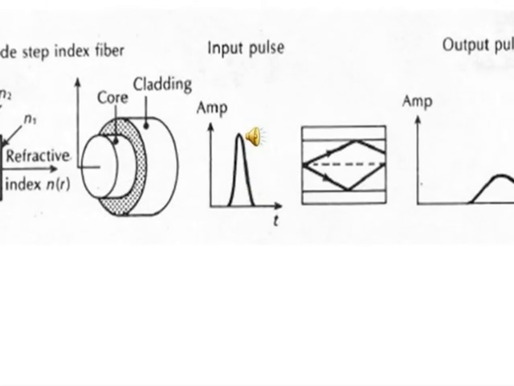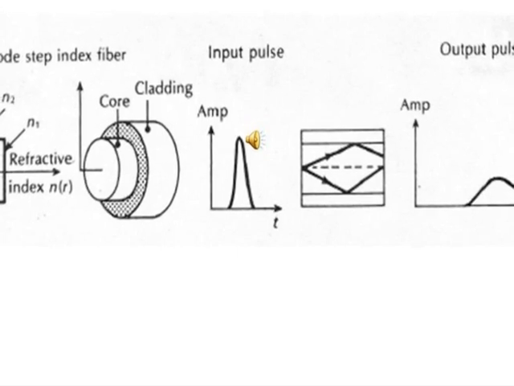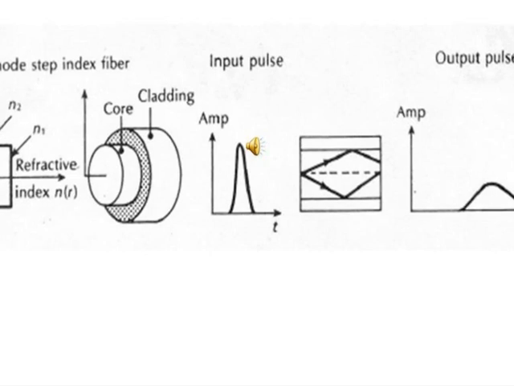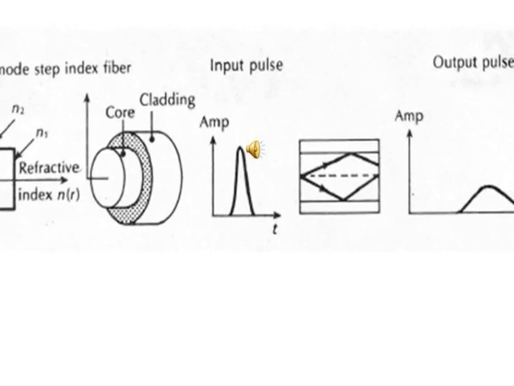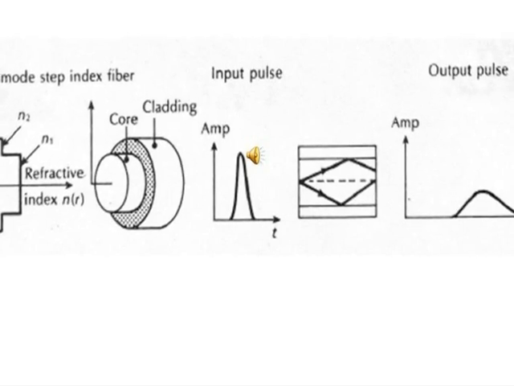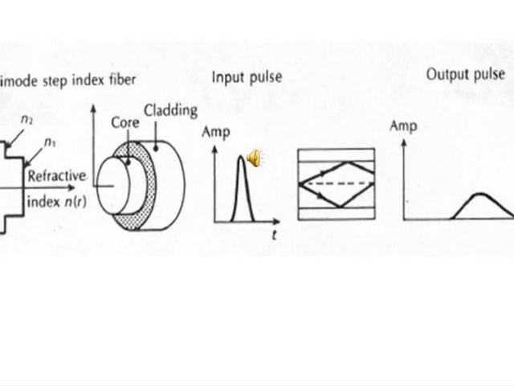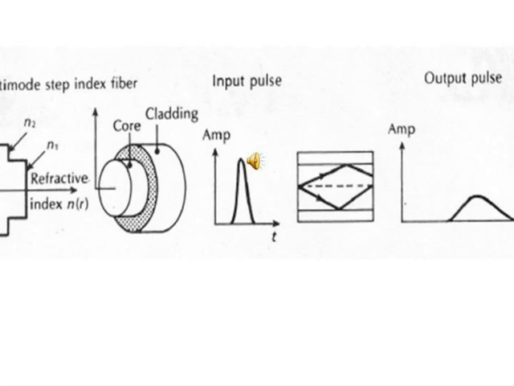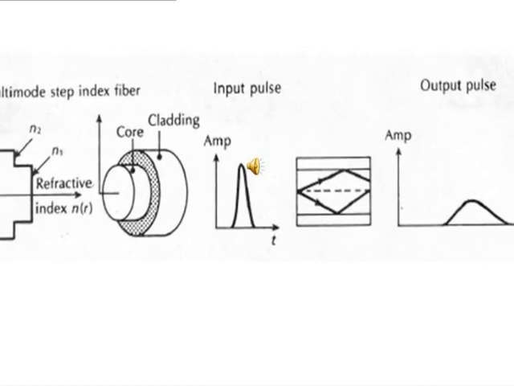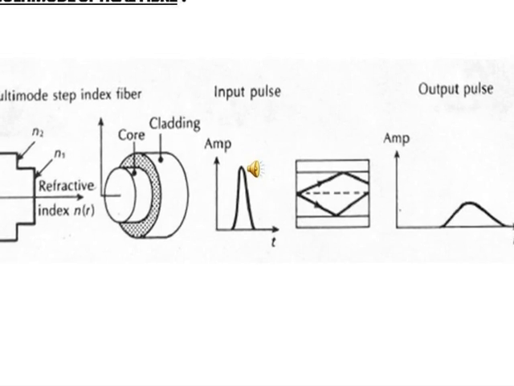The next category is multimode optical fiber. Multimode optical fiber means multiple wavelengths can be transmitted. Here multiple wavelengths can be transmitted because the diameter of the core is much greater. Here the diameter of the core is approximately 50 micrometer and that of the cladding is approximately 120 micrometer.